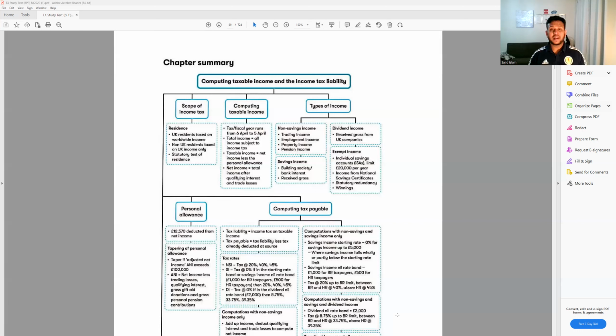So you need to make sure you understand the whole thing, and keep revising, keep doing the same questions. Hopefully this will be very helpful for your future career as well, and also to understand the taxation system in the UK.